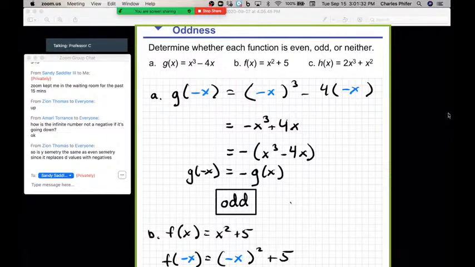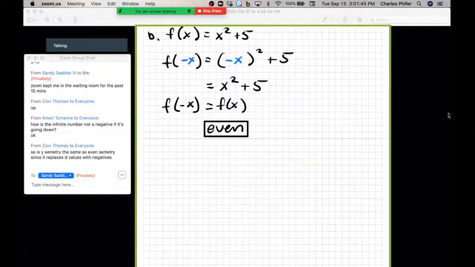So then part C, we have h of x. We've got 2x cubed plus x squared.